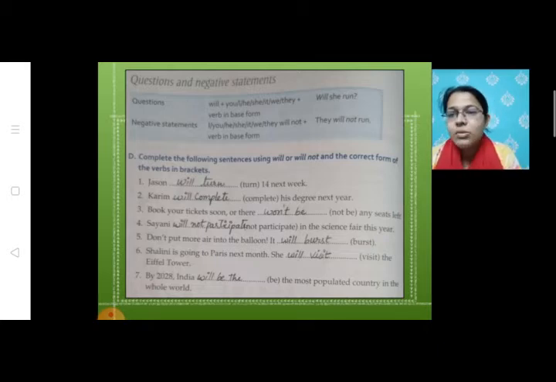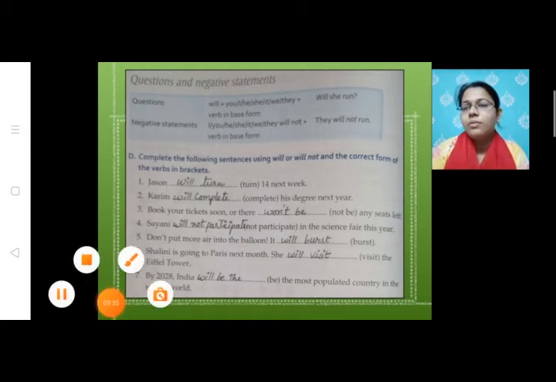Then the negative statement formation, for that you have to write the subject first. Instead of subject, they have written first, second and third person: I, you, he, she, it, we or they. Then you would be writing will not, and instead of will not, you can write the short form, that is won't. And then you have to write the verb in the base form. So see the example given over here. They will not run.